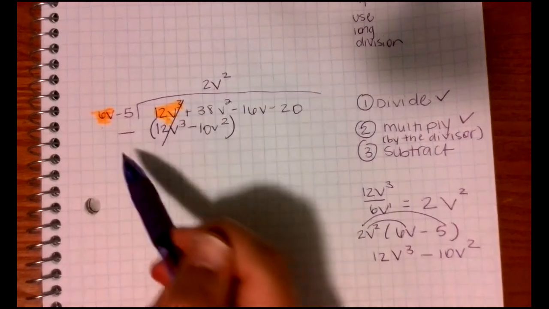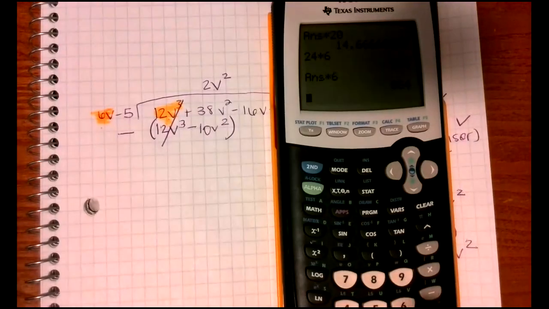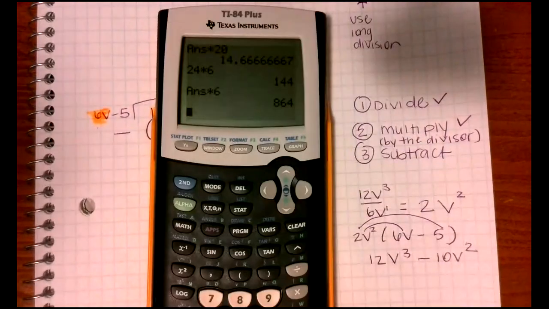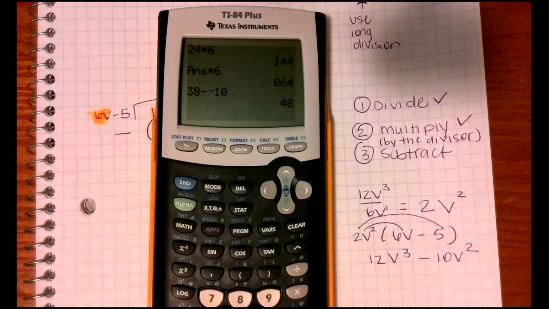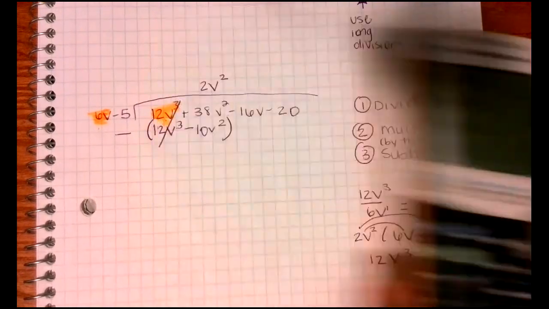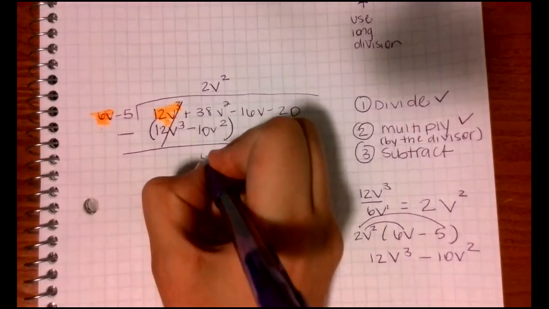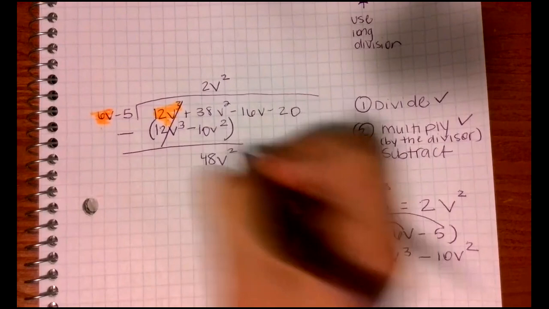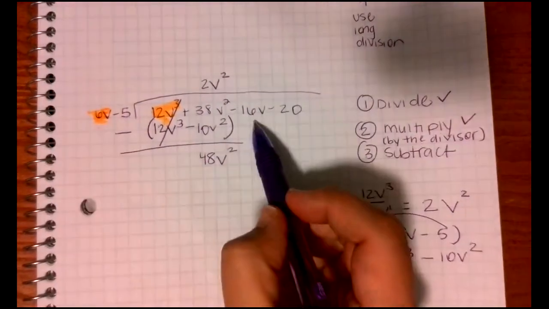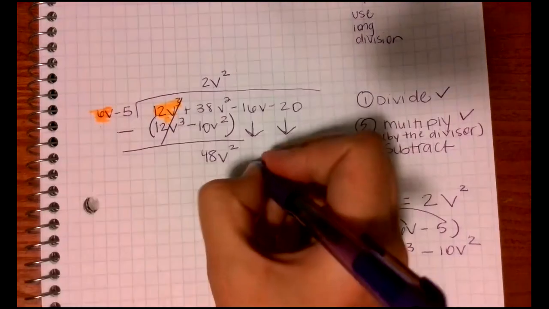Here we've got 38 minus -10, which is 48. And when you add and subtract, remember you keep the exponent, so it's just 48v squared. Bring down anything that you didn't subtract from.